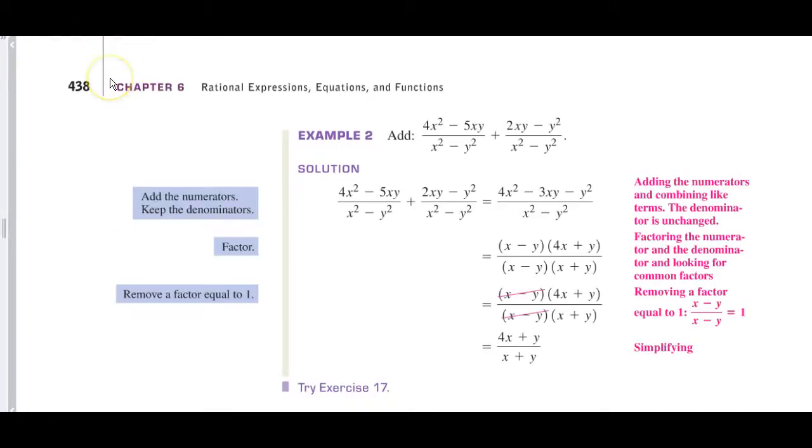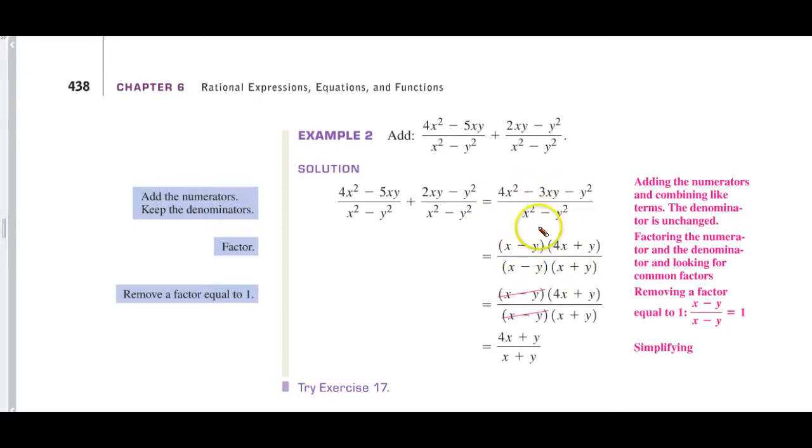Now, in this case, again, they're right away getting to something a little more complicated. Our denominators are the same, so we're just adding our numerators, which when we do that, we get this. Now, we wonder, is this factorable? You should know your denominator is factorable because that's the difference of perfect squares. That is, it can be factored into its conjugates.